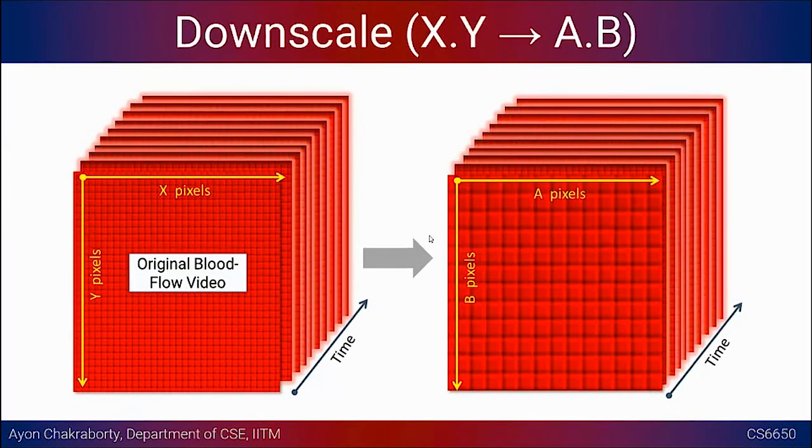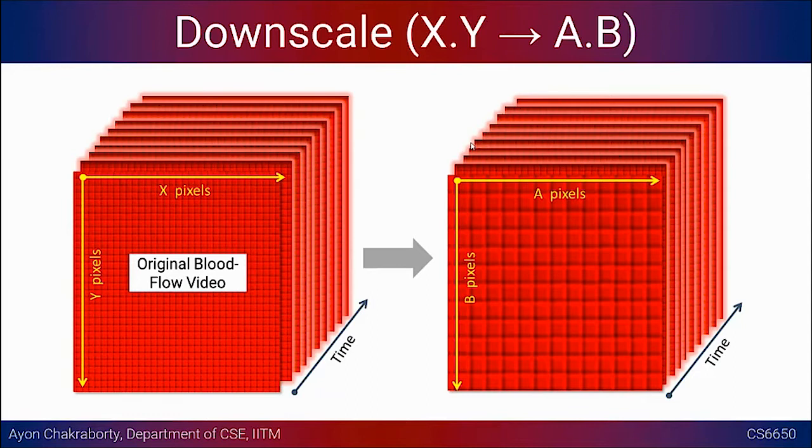And the other thing was downscaling the video. If it is x by y pixels, you want to downsample, or rather downscale, to a by b pixels. This is another transformation that you have to do. After you ingest the video, each individual frame can be converted into this format.